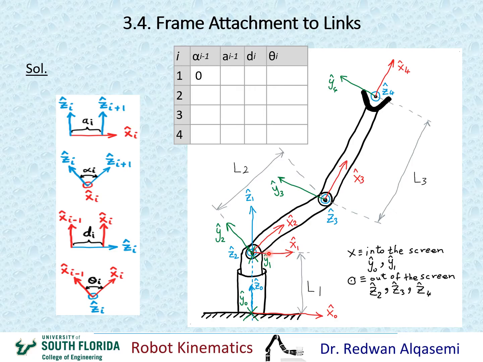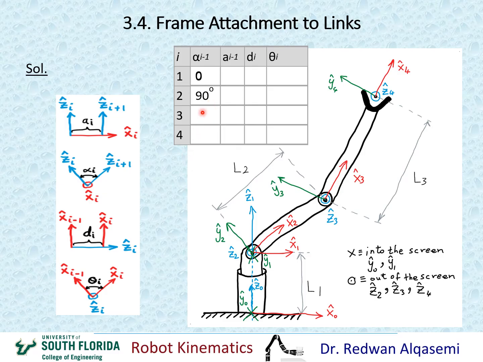So I'm going to put my thumb towards the positive direction of x1, my fingers on z1, and then move my four fingers towards z2 and see how much that angle is. Obviously, if I put my thumb towards x1 and the four fingers towards z1 and then move them towards z2, which is coming out of the screen, that will give me 90 degrees that I moved my four fingers through. Okay, so that means alpha 1 is 90 degrees, which is what we're going to place here.